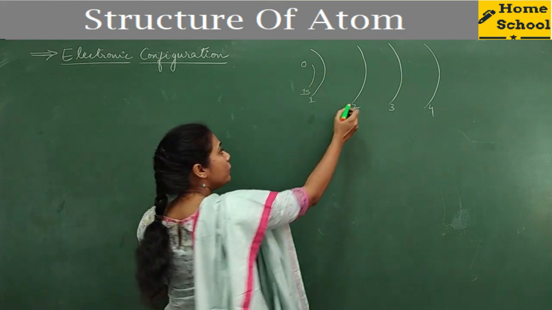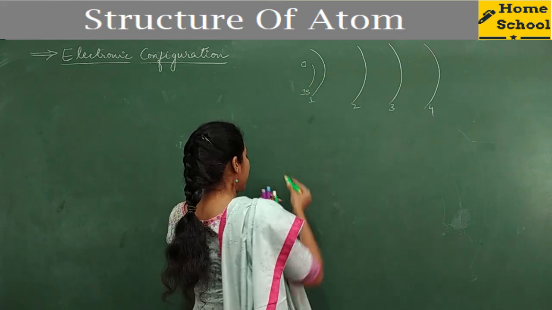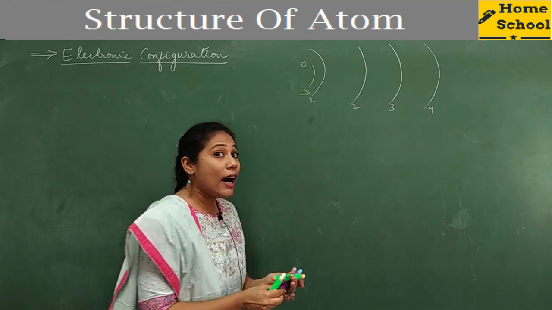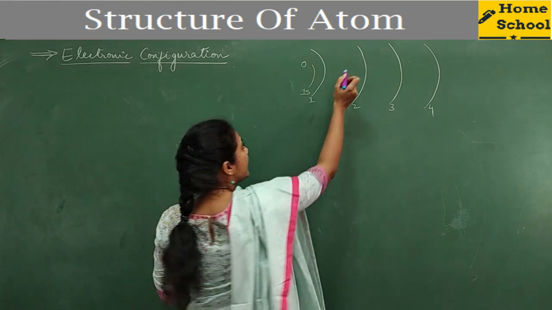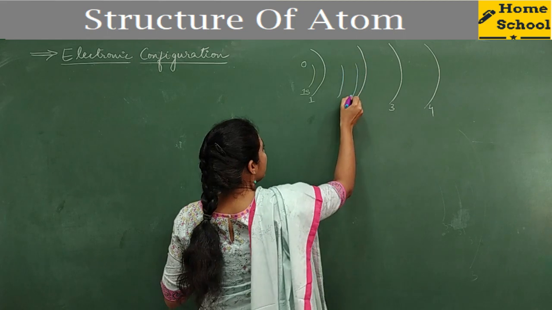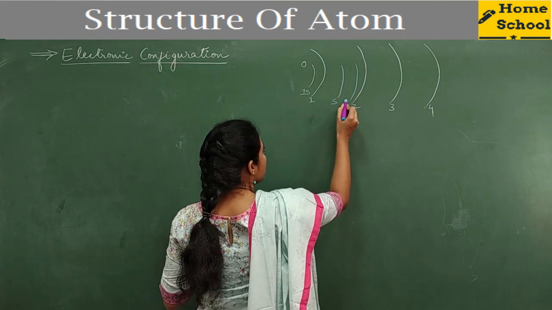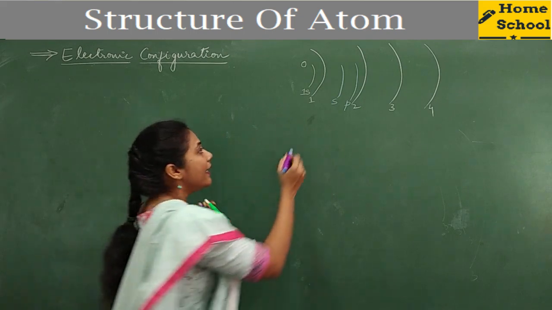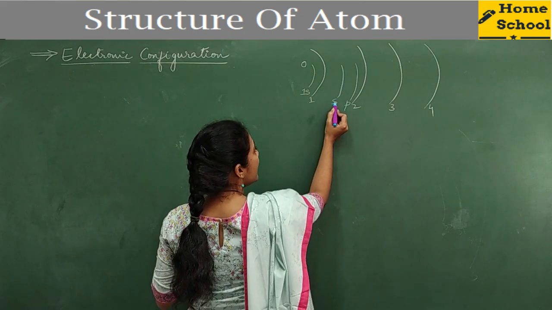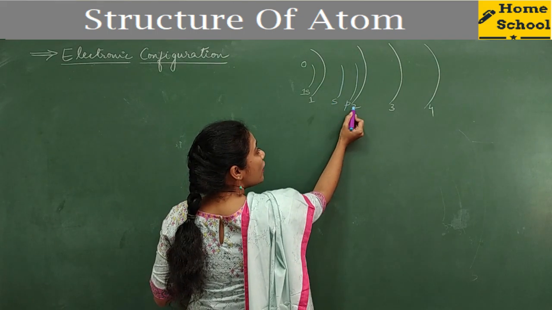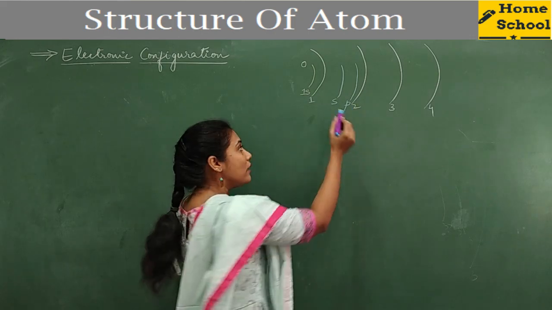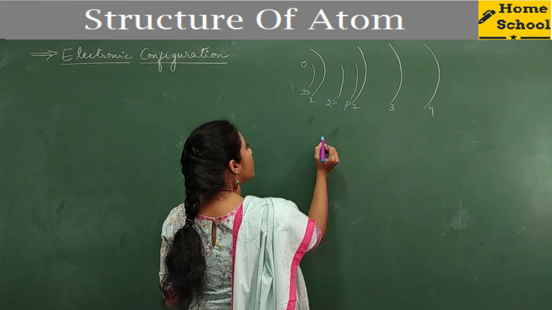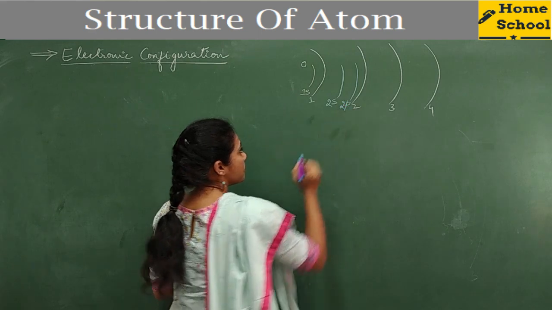Fine. Coming to our second shell, how many subshells will it have? Definitely two subshells are present. One is the s subshell and another is the p subshell. This s subshell belongs to the second main shell, so we will write it as the 2s subshell and the 2p subshell.